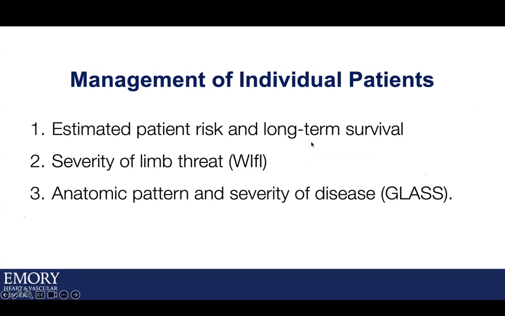And the goal of treatment of CLTI includes either relieving rest pain if they have rest pain, or healing their wounds if they have ulcers, or preserving the functionality of their limb. If they're still walking, you want to keep them walking, because once these older people stop walking, then they go downhill.